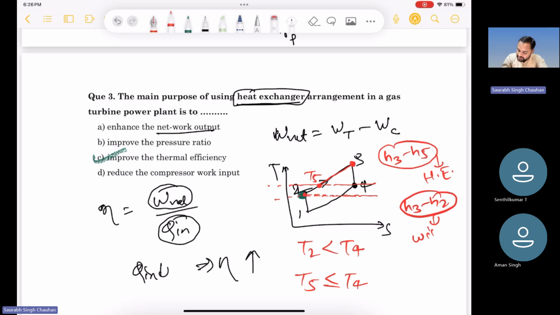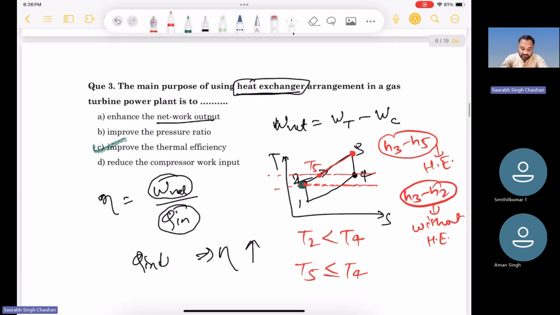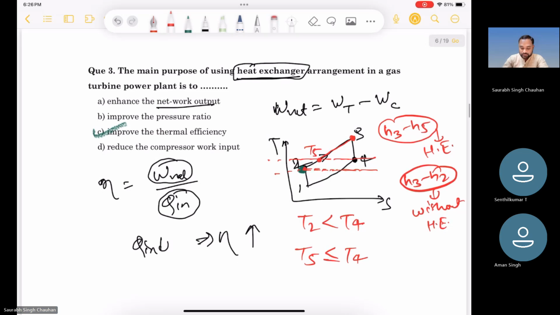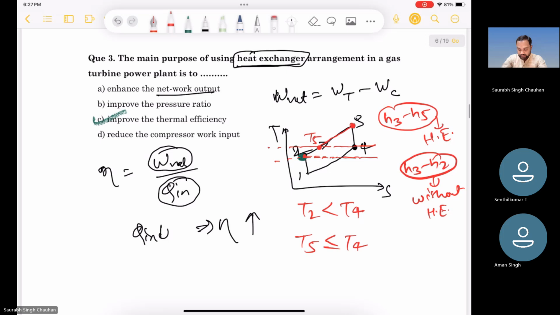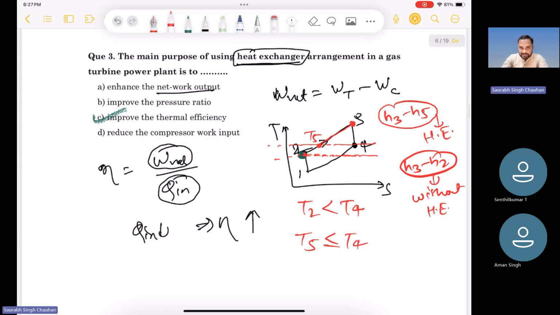So you have reduced the amount of heat input. In other words, we have improved the thermal efficiency. Sometimes this is also called regeneration.